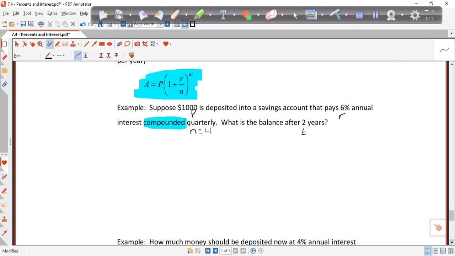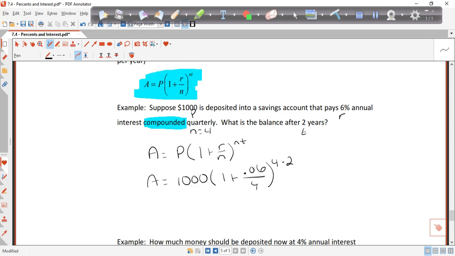Okay, so I'm going to first write my formula. So A equals 1,000 times (1 plus 0.06 over 4) to the 4 times 2.